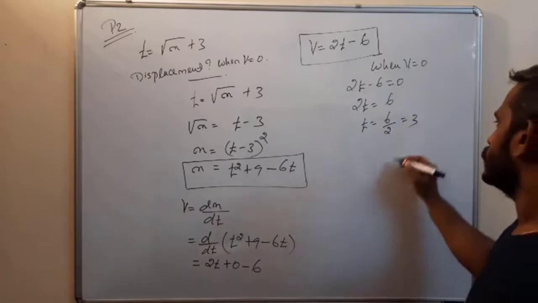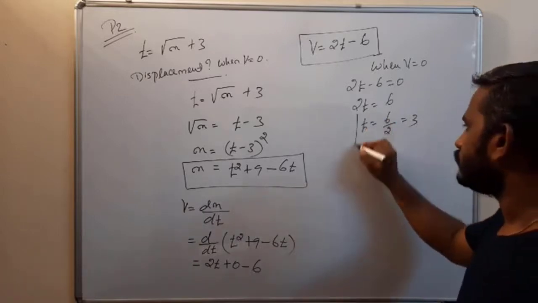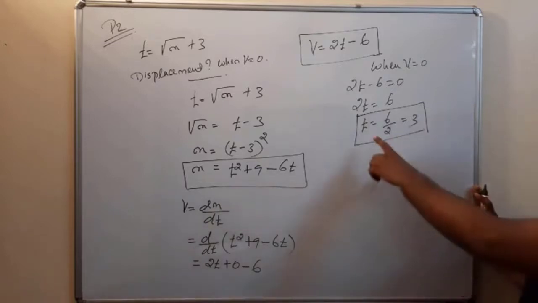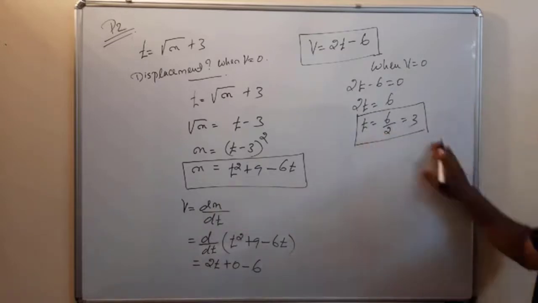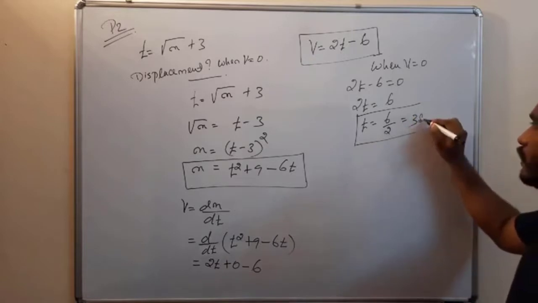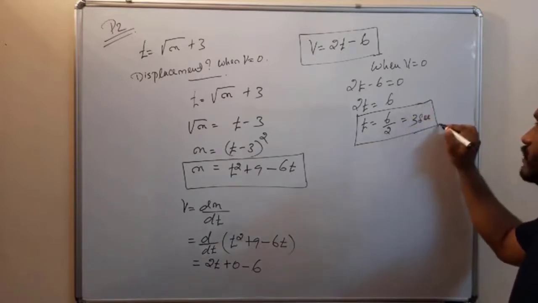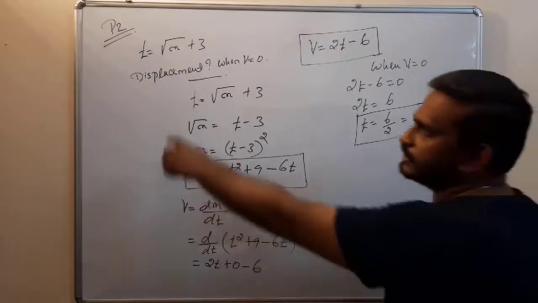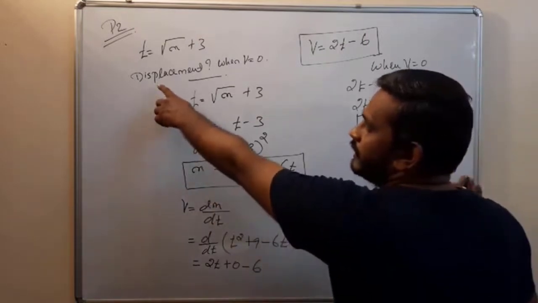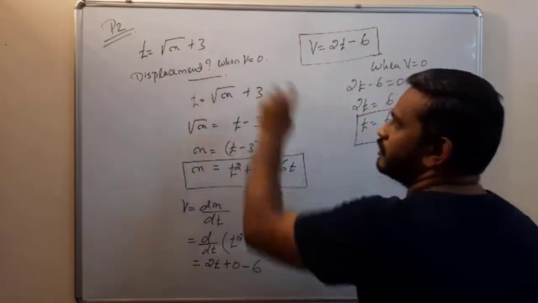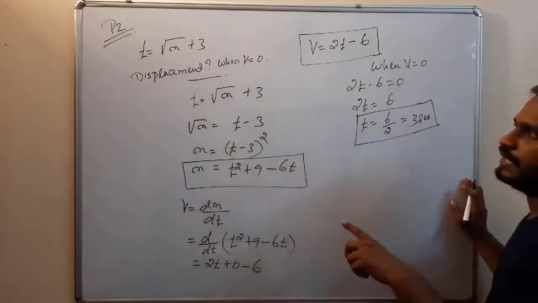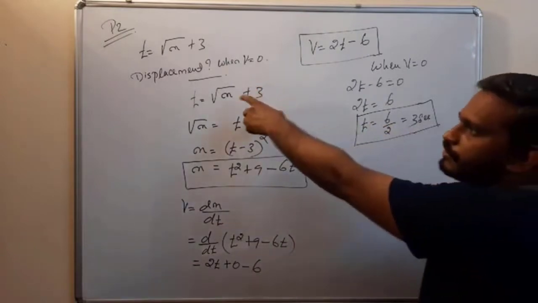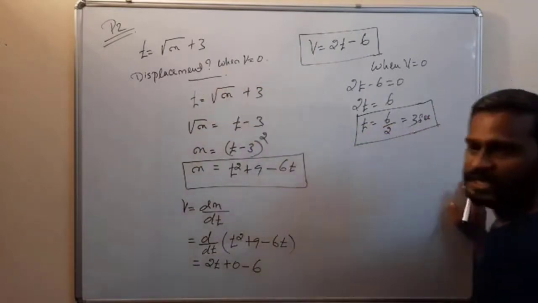So when time t is equal to 3 seconds, the velocity becomes 0. What is asked in the question is to find the displacement when v is equal to 0, that is at t equal to 3 seconds. At that time we have to find the displacement.